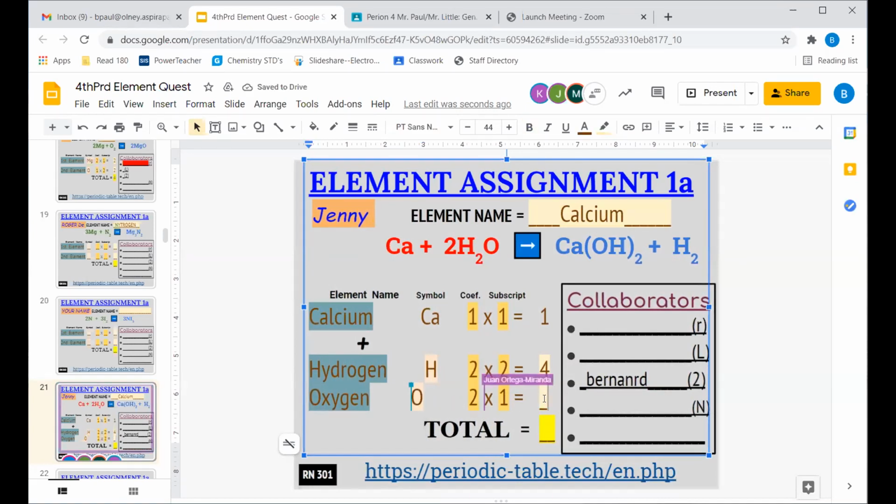So what is the result? No, this one. Change the 2 coefficient to 1. The coefficient is 2 and the subscript is 1. So what is it equals? 2.